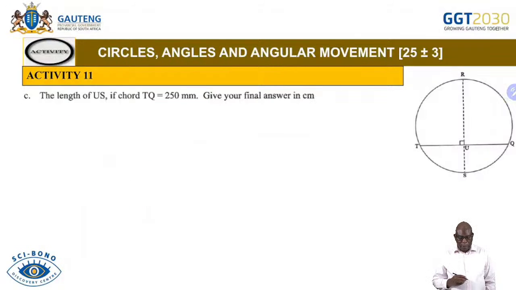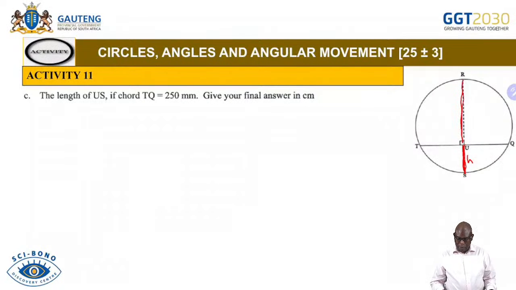Okay, here now they need the length of US. This is the height. What type of height is that? Is it the minor height, the small height that we have there? So we've got the height in the major segment and the height in the minor segment.